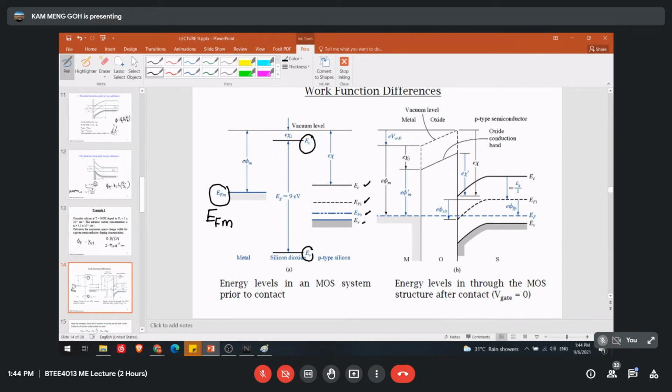But we convert these three items into the vacuum level. Vacuum level I think you all know, which means there's nothing there. What is the minimum level of the vacuum level?